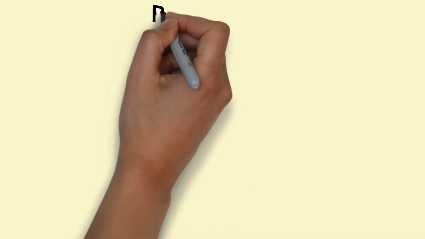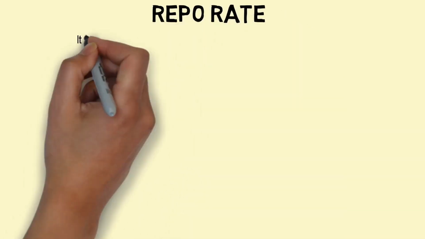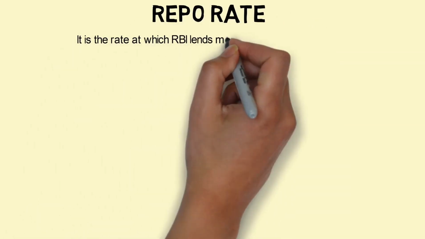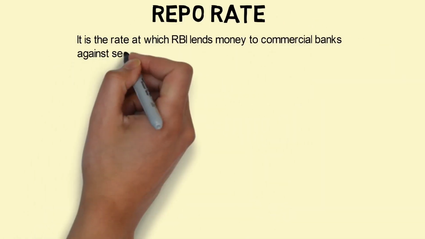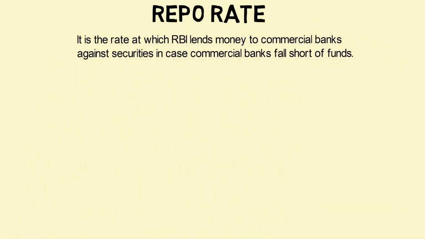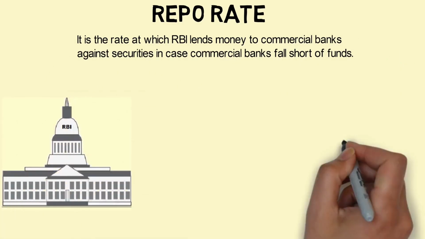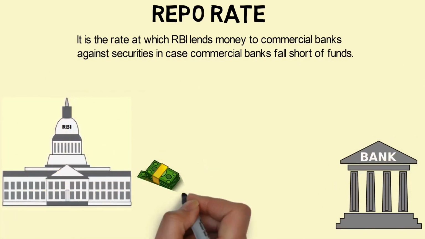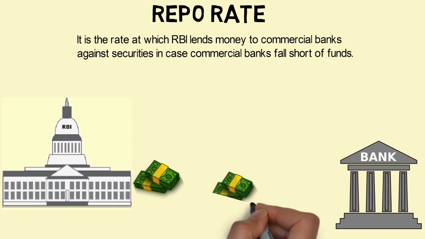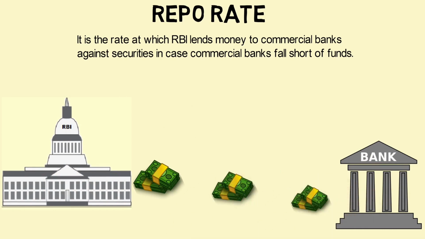The next tool is repo and reverse repo rates. Repo rate: it is the rate at which RBI lends money to commercial banks against securities. Commercial banks go to RBI, or the central bank, whenever there is a shortage of funds.